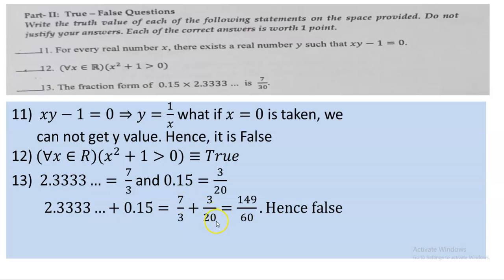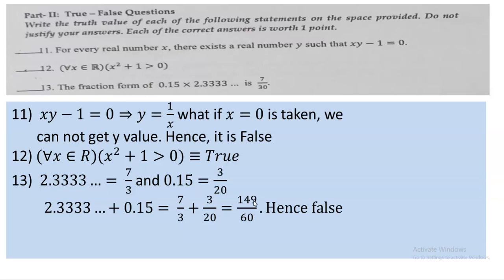Even though I was wrong here, 149 over 60 can't come, students. Instead 7 over 20 can come because I had considered this one as plus, but it is times. So when you take times here, this is going to be 7 over 20. Please correct this one to 7 over 20.